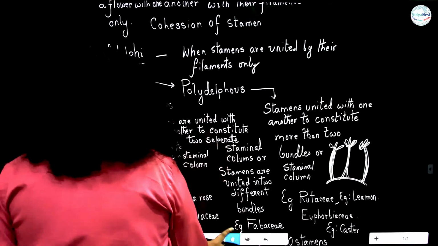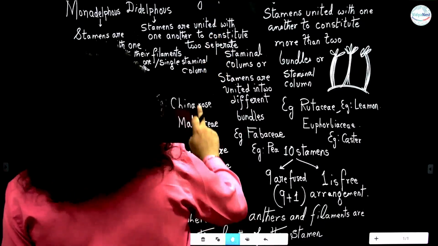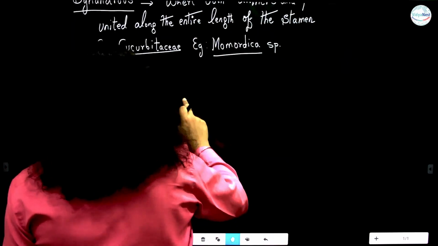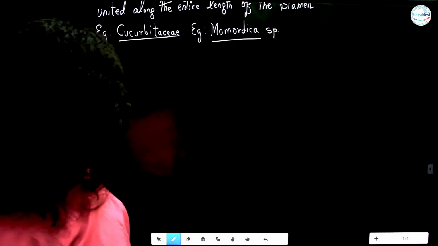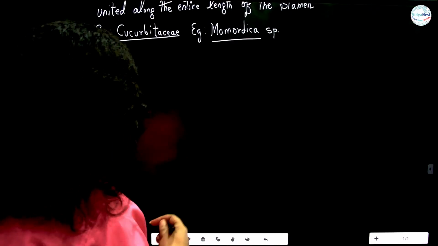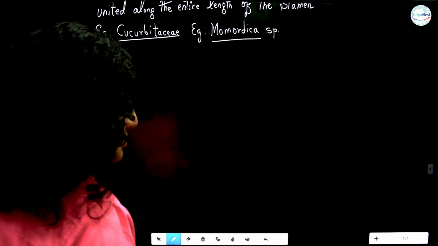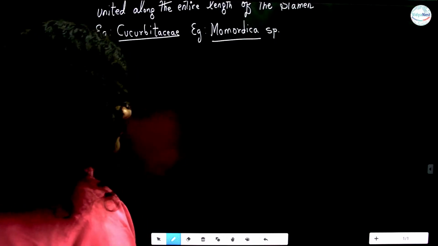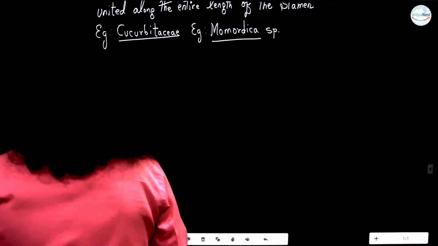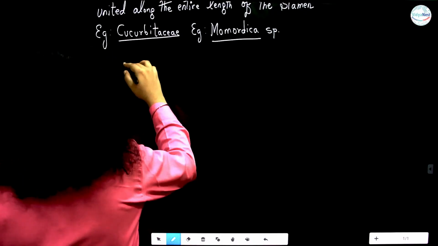Apart from this, the stamen can also show association, or it can show joining. That means they are united with other floral members, other members of the flower. So this is known as adhesion.